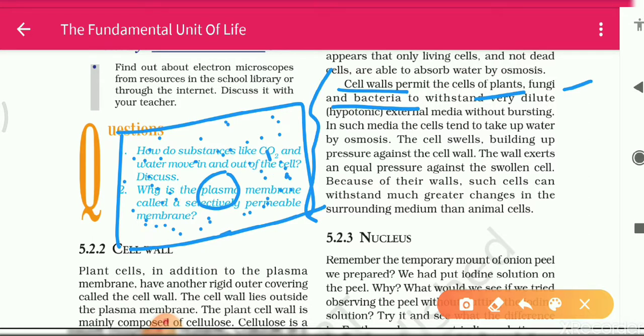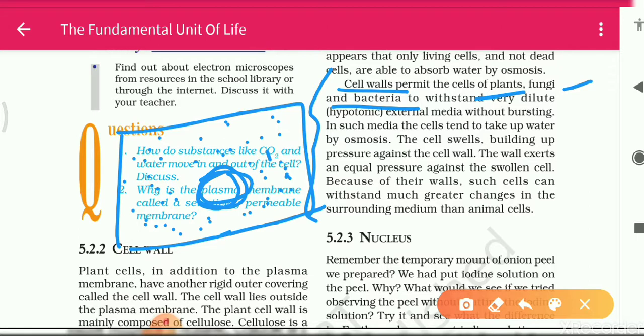So when you put these plant cells or fungi or bacteria in this hypotonic solution, will this cell burst? Why will this cell not burst? Because of the presence of the cell wall. Now see here, in such media the cells tend to take up water by osmosis.